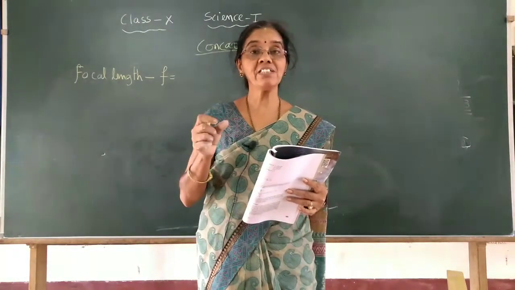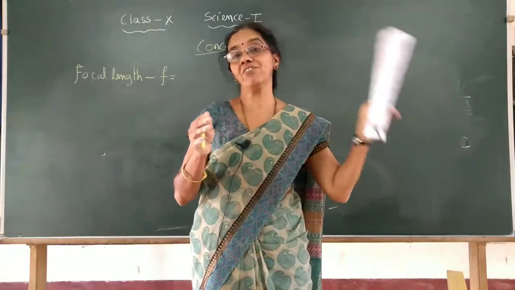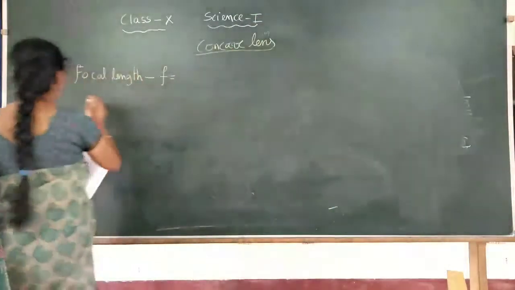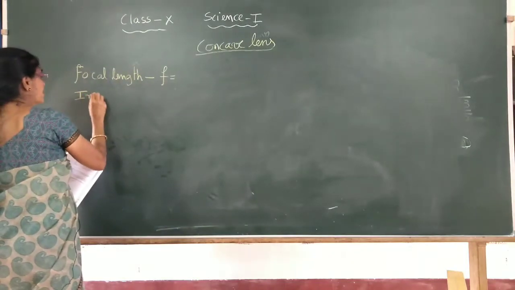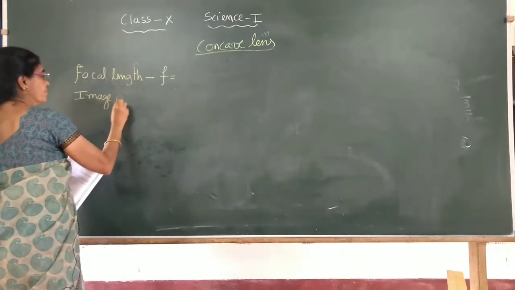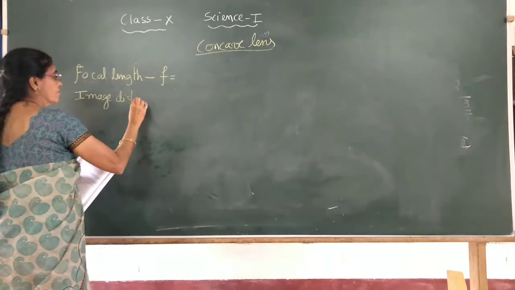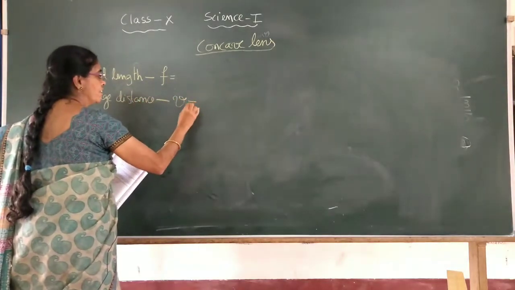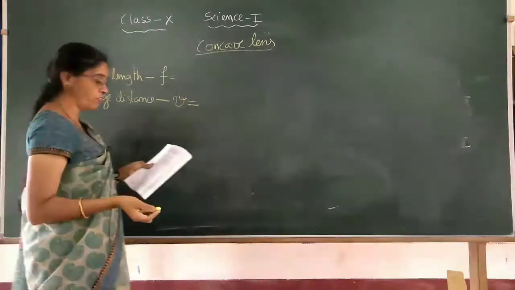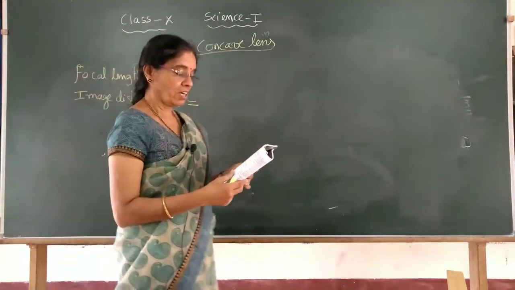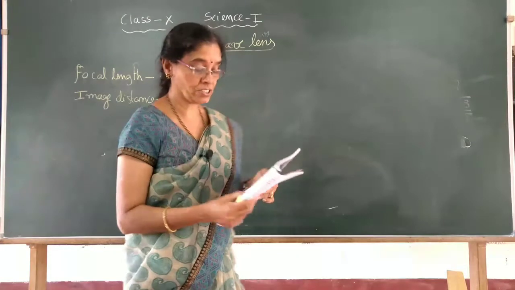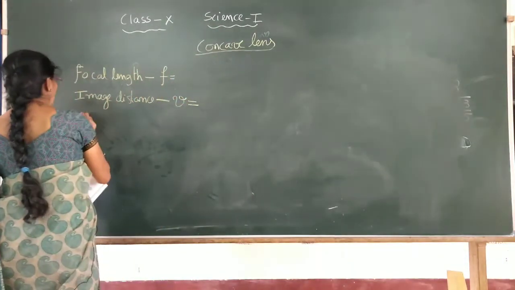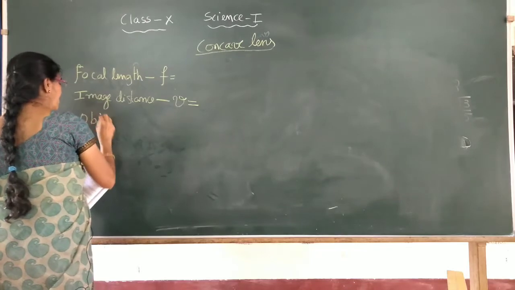The image is formed 10 centimeter from the lens, so it is the image distance they have given. Another thing they have given is the image distance, and the symbol for image distance is v. And what do we have to find out? The object distance.